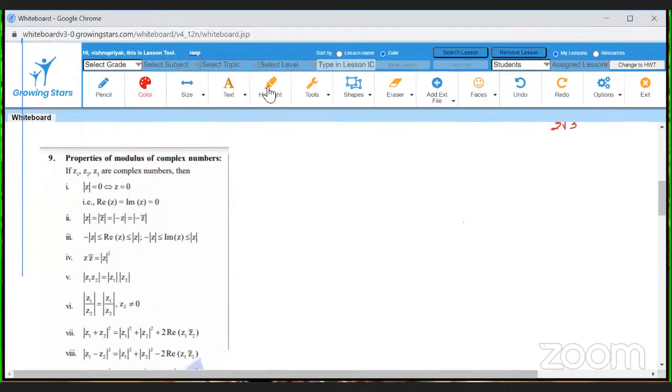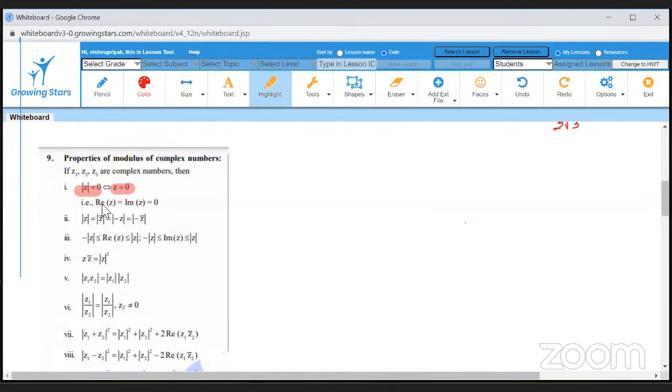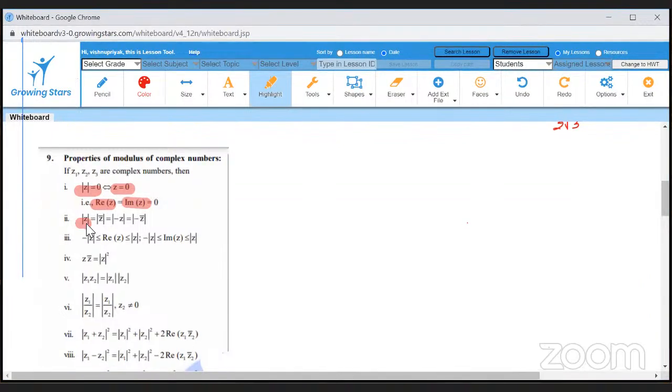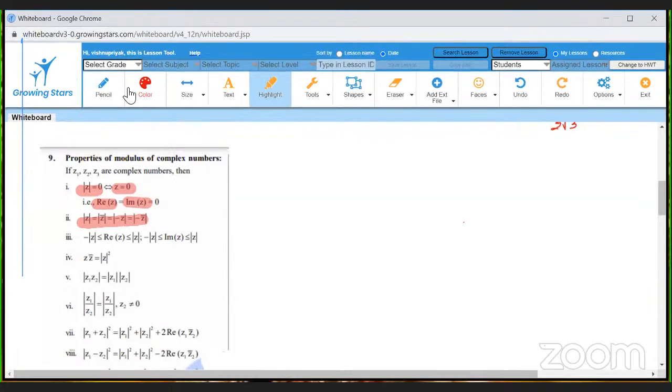Modulus is easy, but formulas. Modulus, if you get 0, that means the complex number is 0. That means real part is 0, imaginary part is 0. Modulus of z will be same as modulus of z bar, same as modulus of minus z, same as modulus of minus z bar. Why did they give you all these formulas?